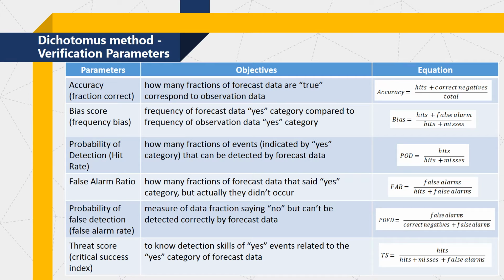And POFD is a measure of the fraction of data saying no but cannot be detected by forecast data. And TS or threat score is to know the detection skill of yes events related to the yes category of forecast data.